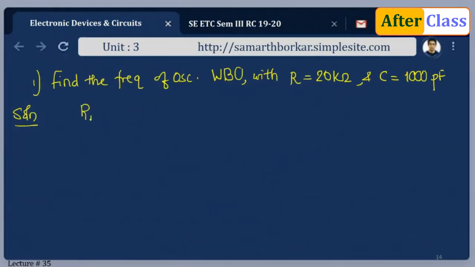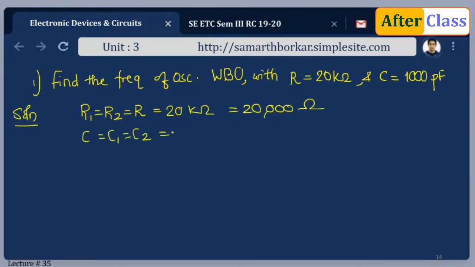Given that R1 equals R2 equals R is 20 kilo ohms, that is 20,000 ohms, and C equals C1 equals C2 is 1000 picofarad. Pico is 10 to the power minus 12. This is 10 to the power 3. So this is 1 into 10 to the power minus 9 farads.